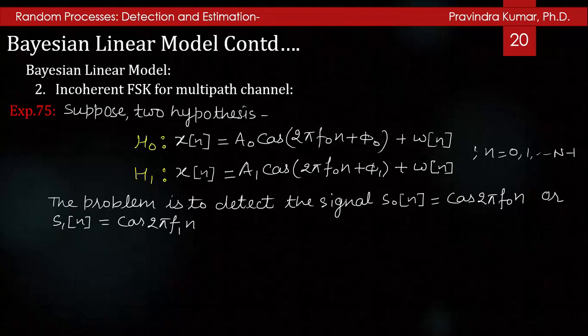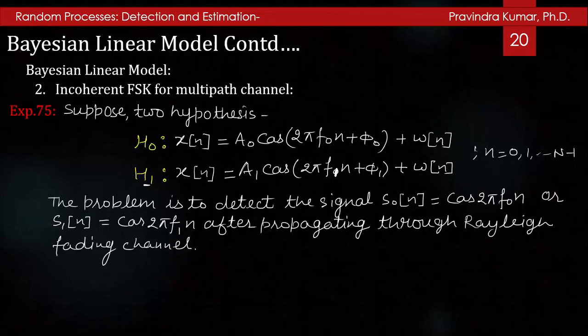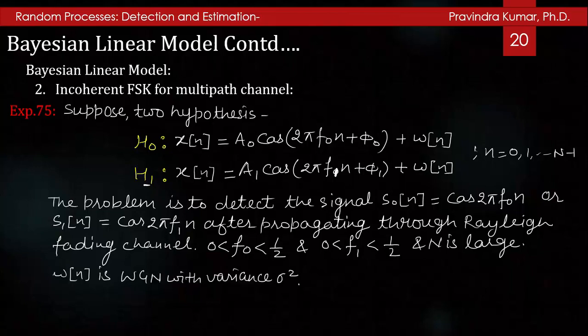Here for the hypothesis H1, it is A1 cos 2 pi f1 n, after propagating through the Rayleigh fading channel. Also assume f0 is between 0 and 1/2 and f1 is also between 0 and 1/2, and N is large. Here omega[n] is white Gaussian noise with mean 0 and variance sigma square.